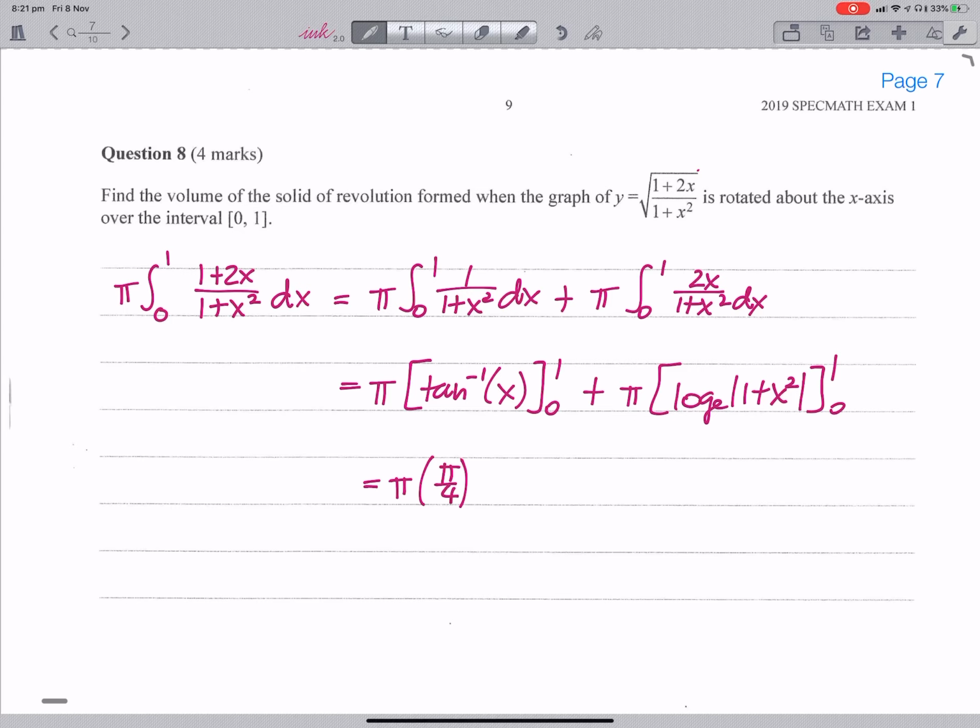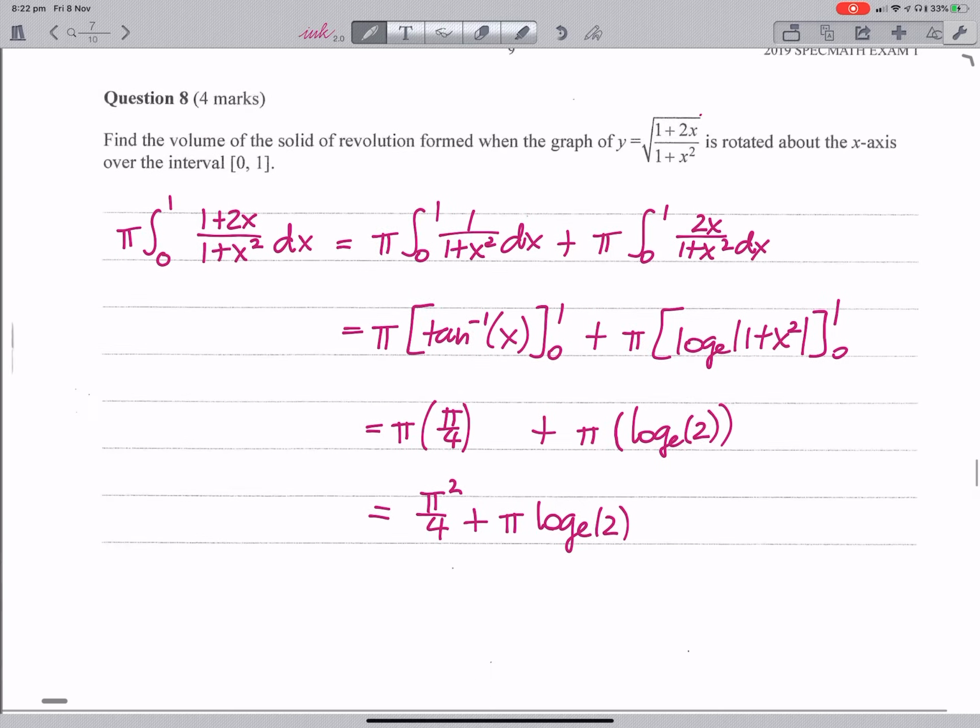So plus pi, I'm going to get log e 2. When I put 0 into that, I'm just going to get 0. So we get pi squared on 4 plus pi log e 2.